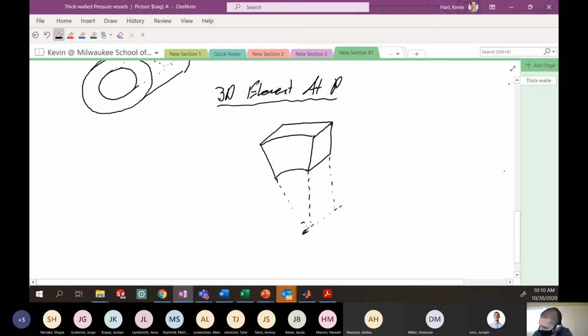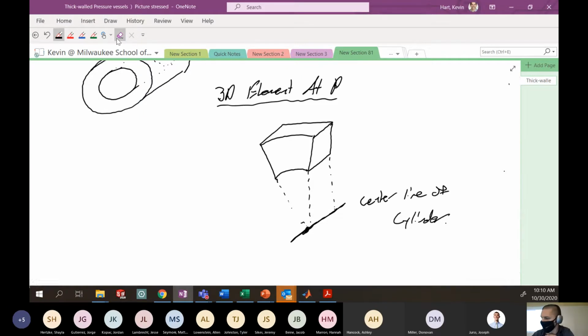All right, so this is the center line of the cylinder. Maybe that's a little bit more clear.